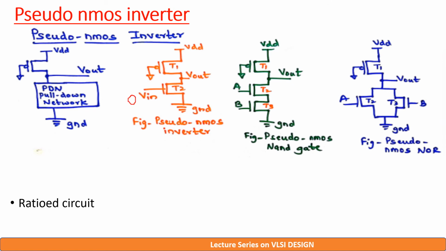So when Vin is 0, the pull down is in off state. Pull up is in on state because the PMOS gate is connected to 0, and hence Vout is shorted to VDD.